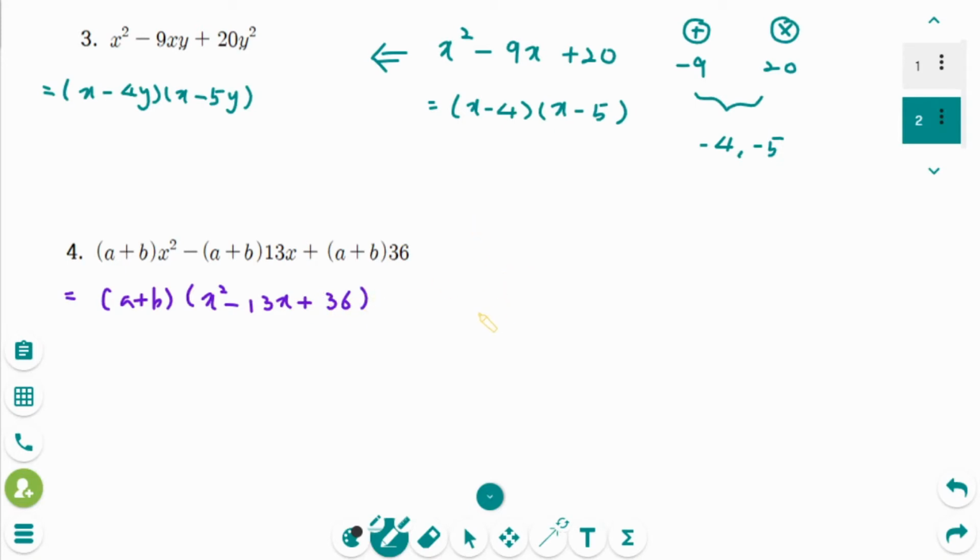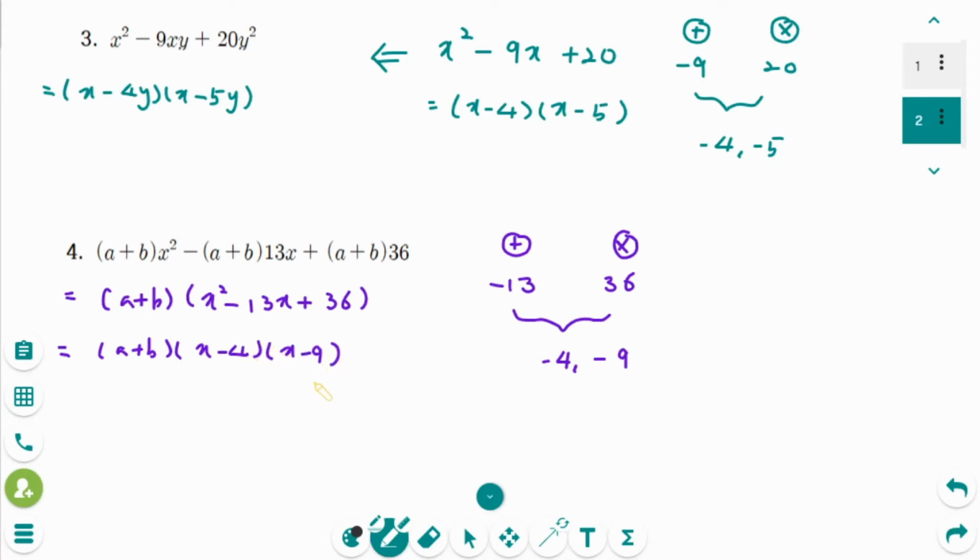And then think about two numbers that have a sum of minus 13 and then a product of 36. What are the two numbers? It's minus 4 and minus 9. So this is a plus b, then x minus 4 and x minus 9. This is factored form.